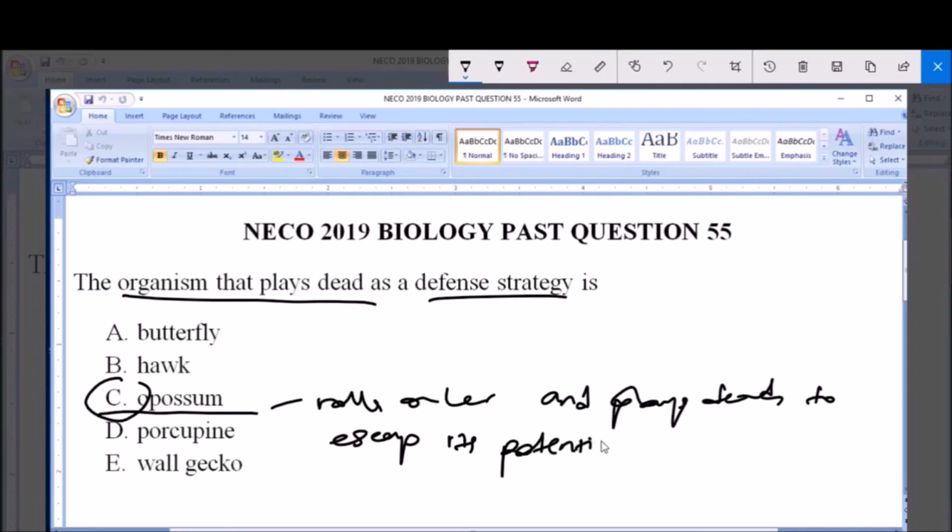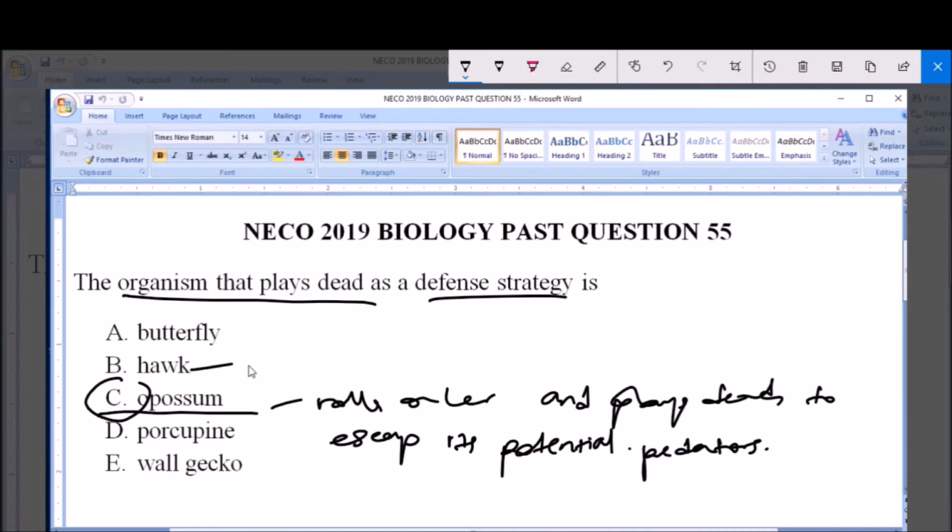When an organism plays dead, the predator leaves the dead animal alone. Most predators do not feed on dead animals, so they leave it alone. This is the defense strategy used by the opossum. Once it approaches its predator, it rolls over and plays dead in order to escape, and the predator looks at this opossum as a dead animal and then leaves it.